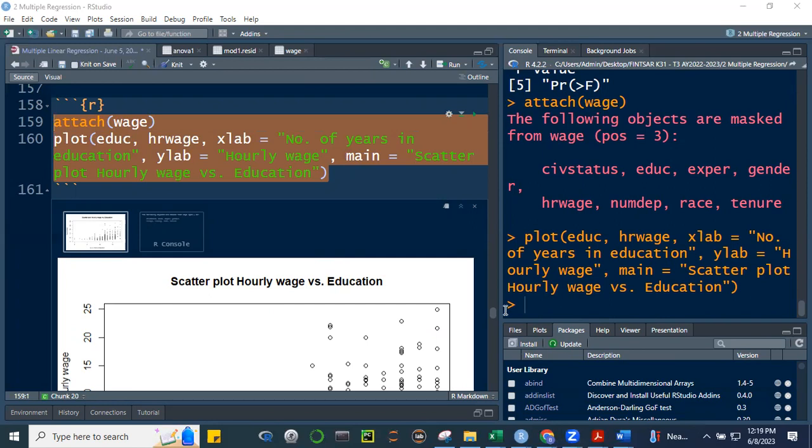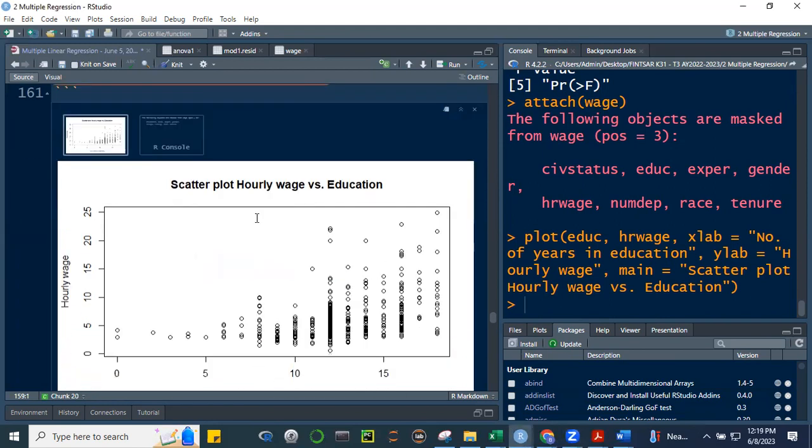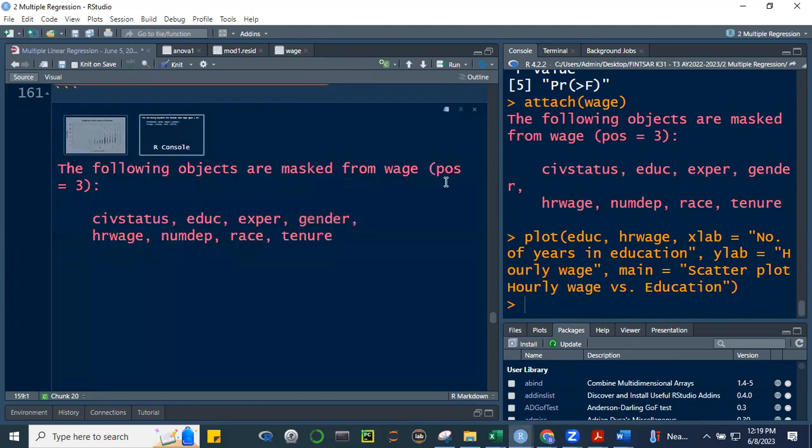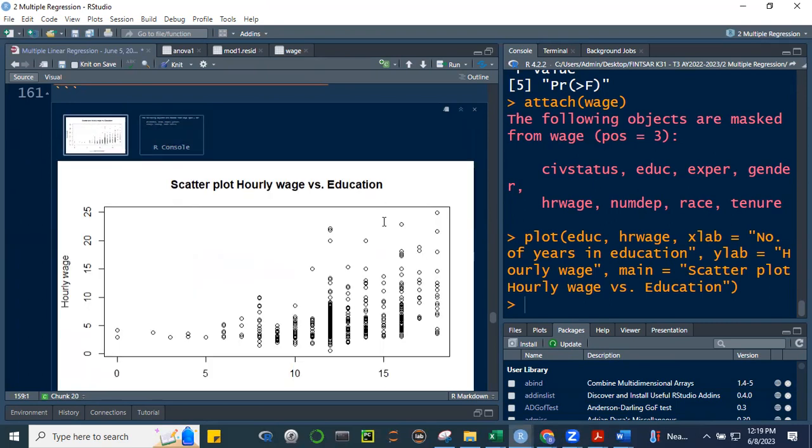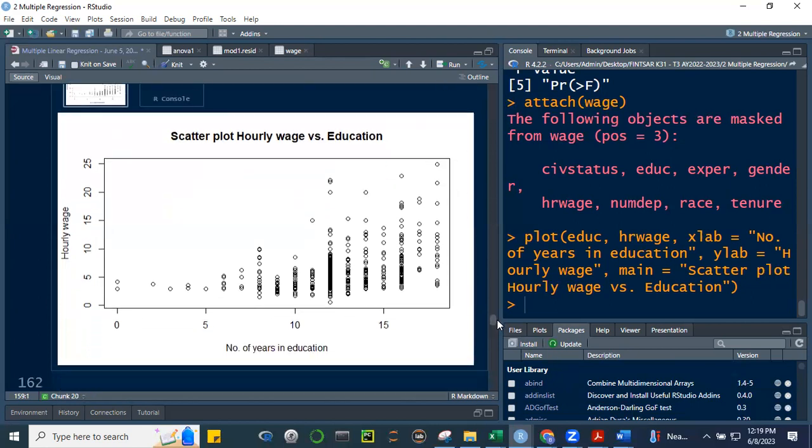So this will be our plot now. Our mass from wage. Okay. Any questions so far about the plot? How time flies. Fast.